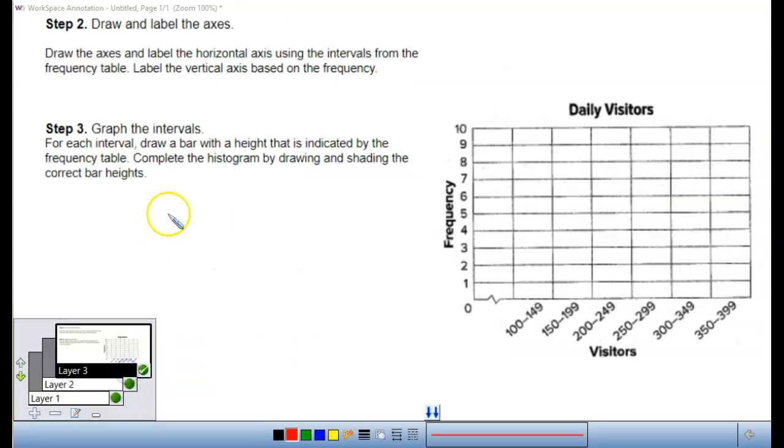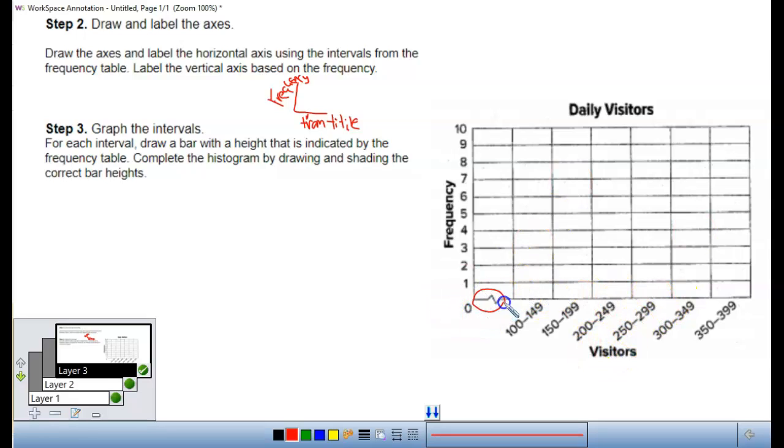So our first step is to draw and label the axes. What that means is this on the vertical is going to be the frequency, and this over here is going to be from the title usually. Not always, but most always. They've already done that for us over here. So this vertical they labeled frequency, and this they labeled visitors, which they got from the title.